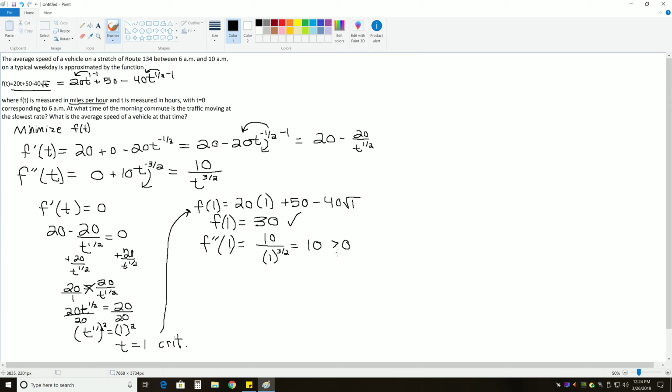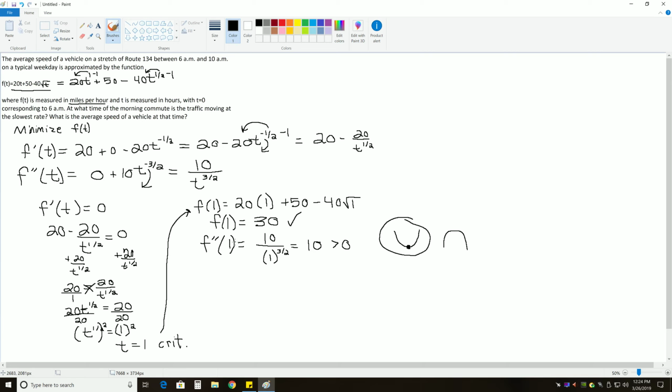And because this is positive, the second derivative tells you concavity, whether you're dealing with a concave up or concave down looking graph. So because the second derivative is positive at 1, that means that we have a concave up shape looking like this. And if you look at this picture here, it's clear that there is a minimum.